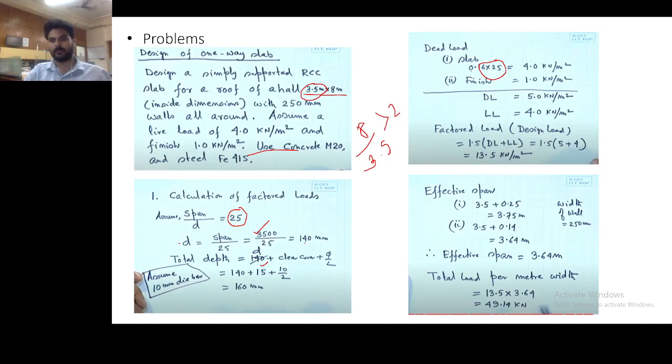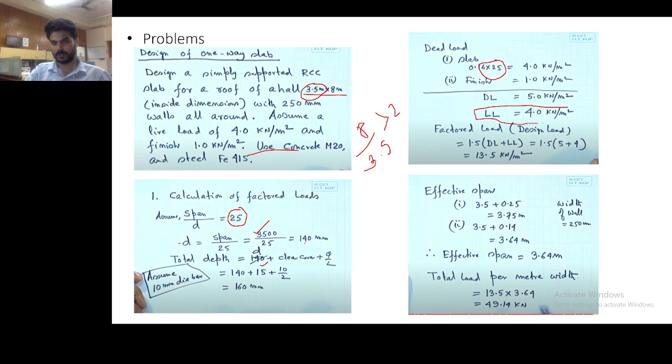So by multiplying that, we got slab dead load as 4 kN per meter square and floor finish is given as 1 kN per meter square. By adding that, total dead load becomes 5, and consider the live load to be at the maximum of 4 kN per meter square. This is an assumed value.